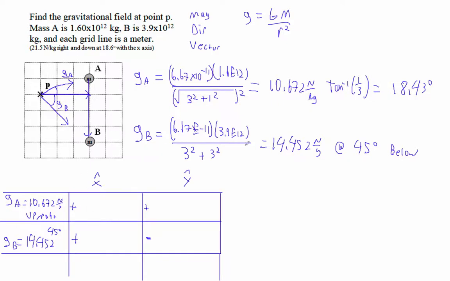Okay, and then I'm finding the angles with the x-axis. So cos is always the one I use to find the x component. So the 10.672, let's get that number there, and then let's get the 18.43. Okay, so I'm going to take the 10.672 cos of that angle, and I get 10.124.